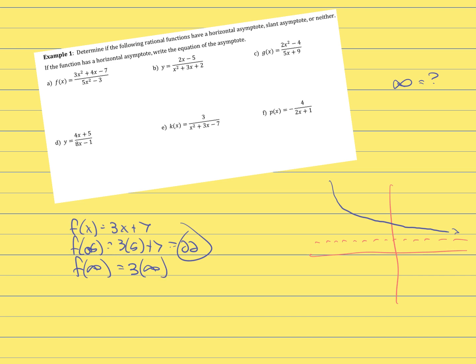So that 3 times infinity plus 7 is what you'd actually get by the same operation of substituting that 5. This infinity is being affected in 2 separate ways by being multiplied by a 3 and having 7 added to it. One of these two has a greater effect than the other. And I want you to think to yourself, what has a greater effect? Adding 7 or multiplying infinity by 3?